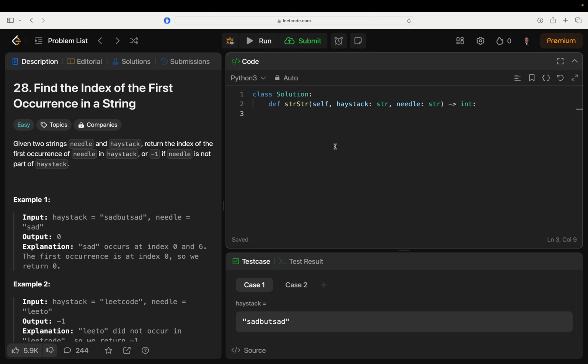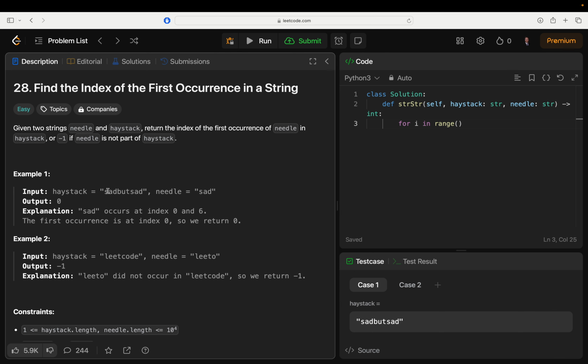Let's just do for i in range. So we're going to iterate through the haystack character by character.